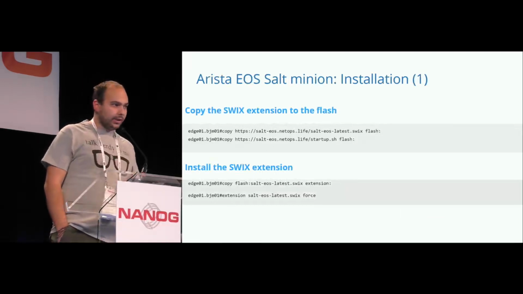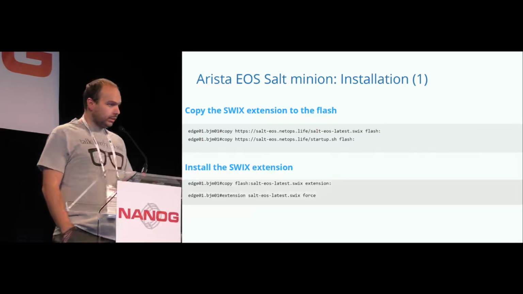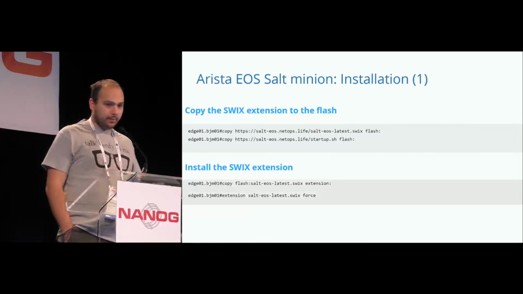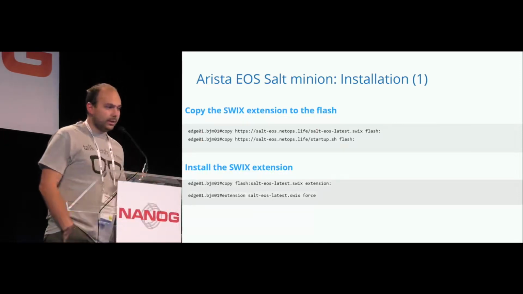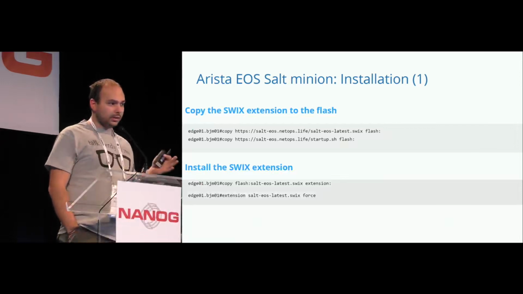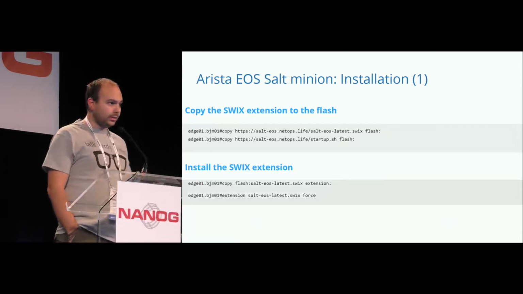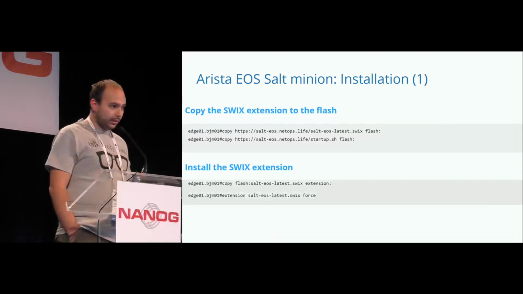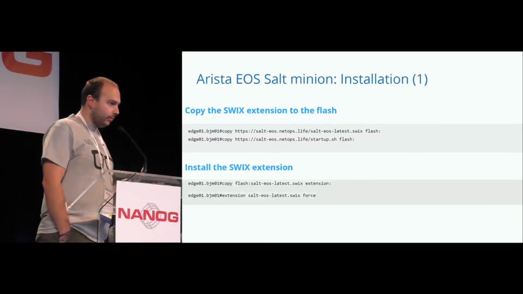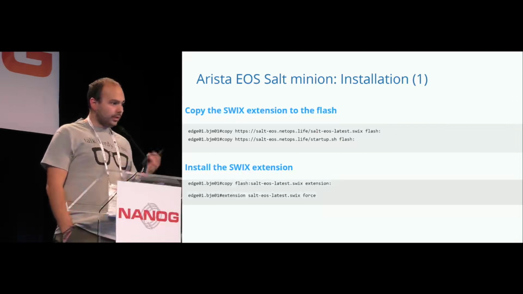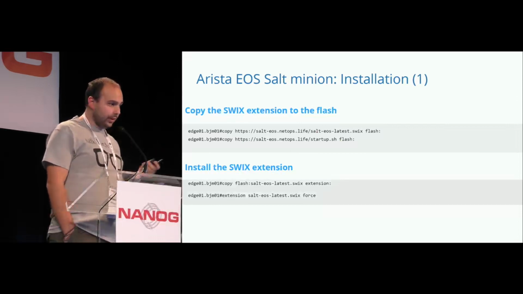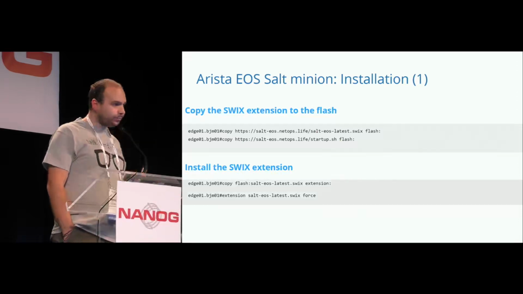I have an example for Arista EOS. It's just straightforward. I have here the steps. The first step is to download the SWIX archive. It's an extension that comes with all the packages and all the software necessary to have the Salt Minion directly on Arista. You just copy it from that URL, from netops.live, to the flash. Then you move the SWIX archive to the extension file server that exists on the Arista.